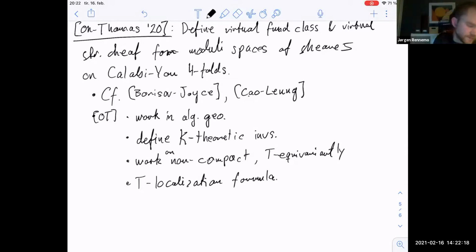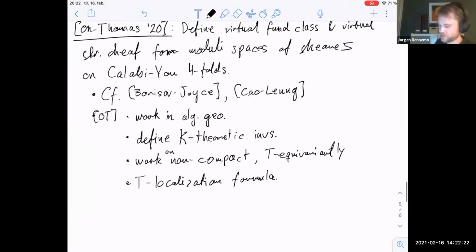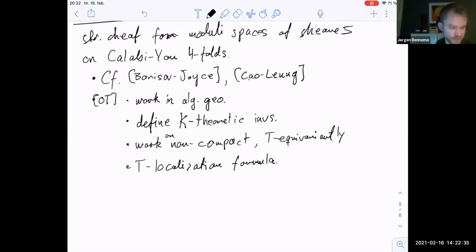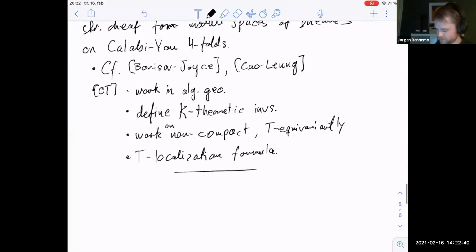Okay, so Oh–Thomas, their goal was to define this for compact Calabi–Yau fourfolds, to define some structure on their moduli spaces. The way they set this up technically happens to work very well for us, so we only need a very small slice of what they do.